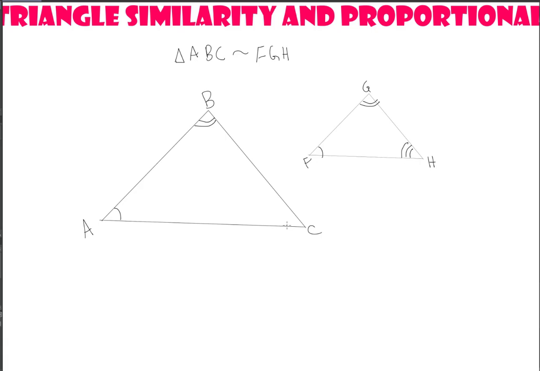Okay, so now that you know that, the really super important thing is that because all of those angles are the same, we know that these are similar. And what that similarity means is that there's a couple of different concepts wrapped up in there.